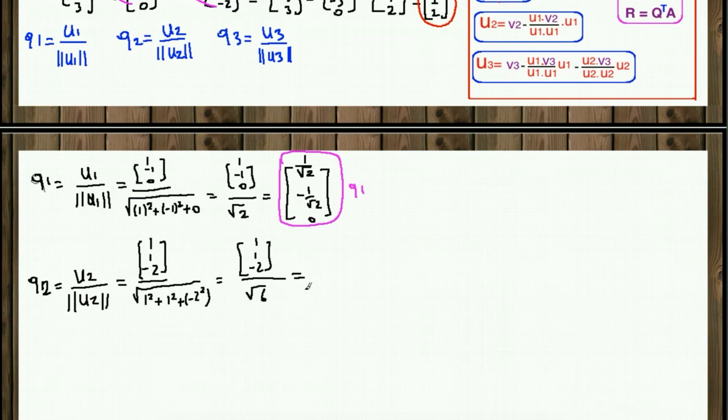Each component divided by square root of 6 will give us q2. 1 divided by square root of 6, 1 divided by square root of 6, negative 2 divided by square root of 6. This is our q2.